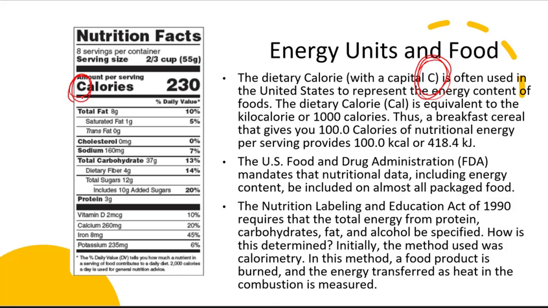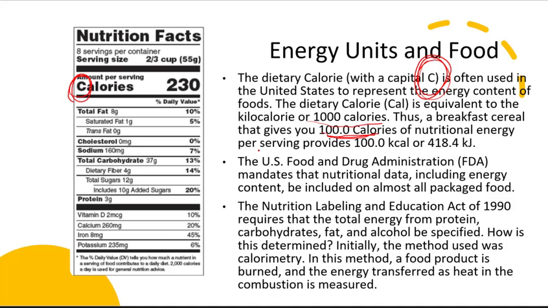If you were to be in a different country, you're probably going to see it advertised as kilojoules instead of capital C calories. The dietary calorie is equivalent to the kilocalorie, or 1,000 calories, like we just said. Thus, a breakfast cereal that gives you 100 calories of nutritional energy per serving provides 100 kilocalories, or 418.4 kilojoules.